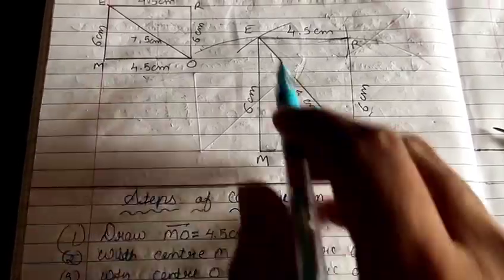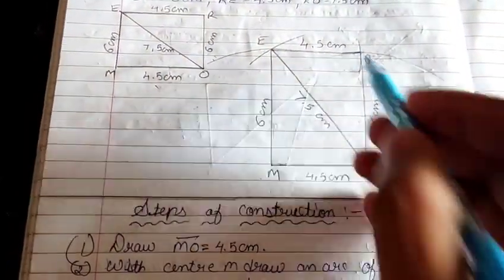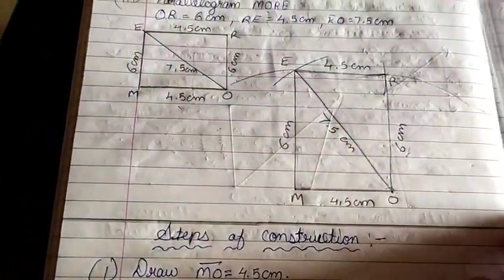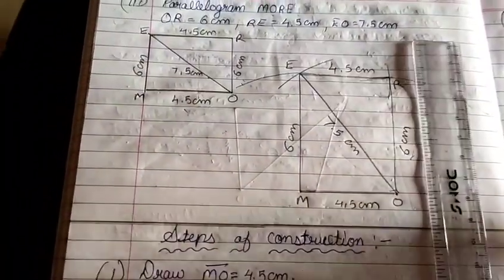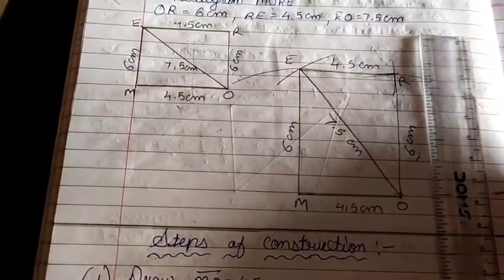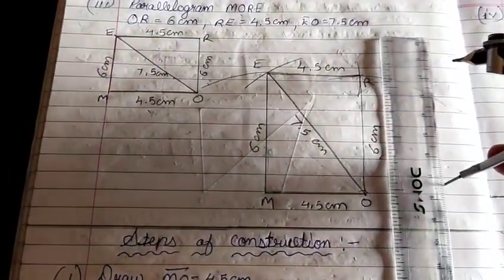After doing such, here we are not having any connecting point, so we have to draw this diagonal. So again take 7.5 centimeter length with your compass.